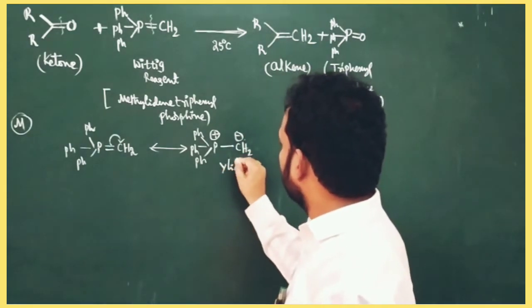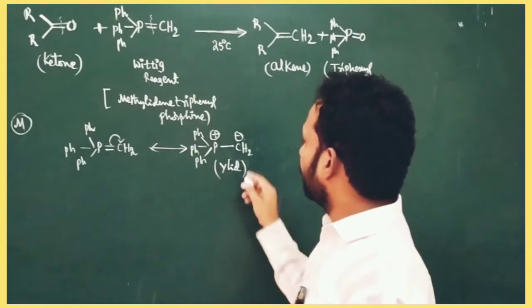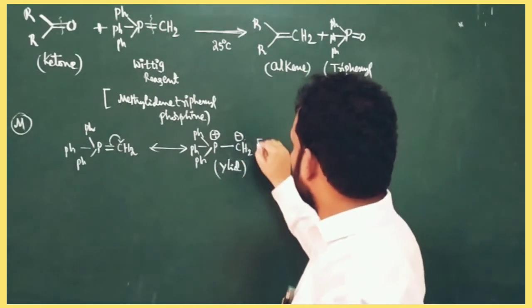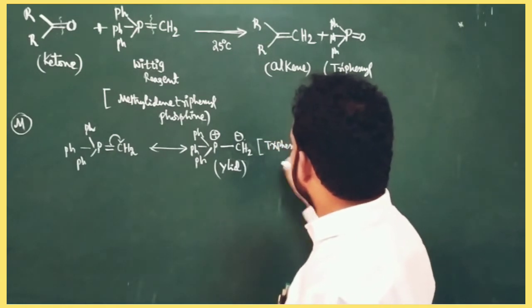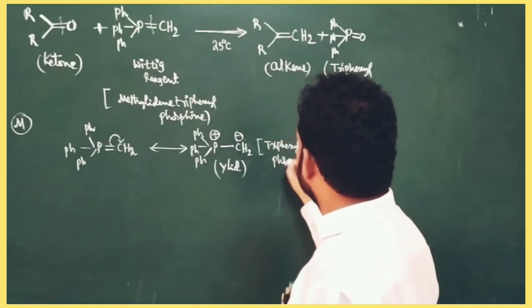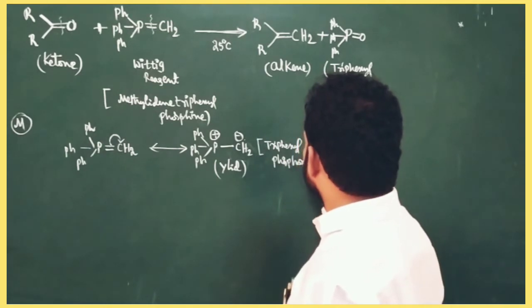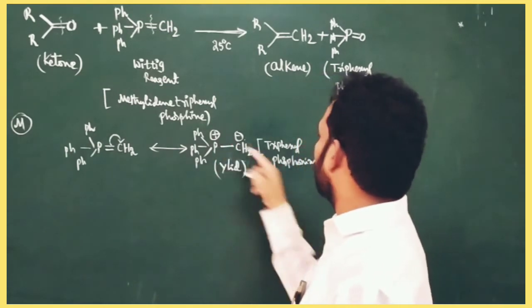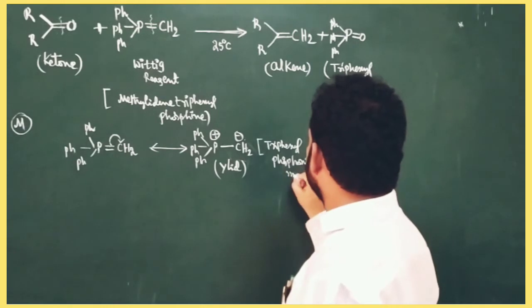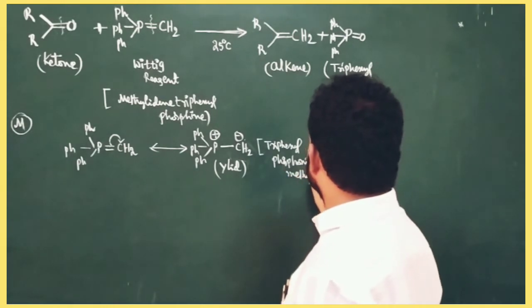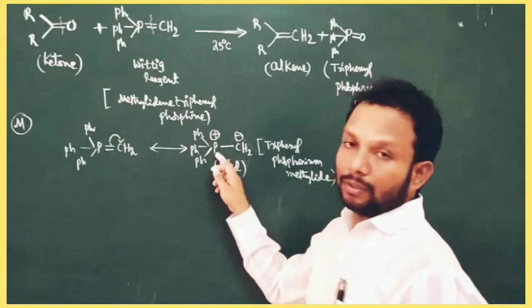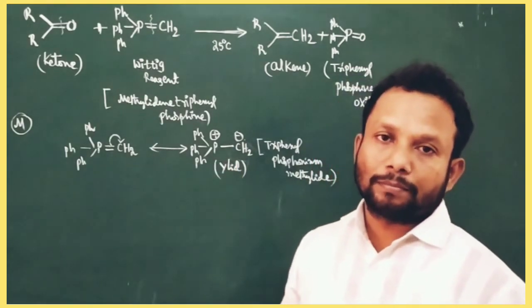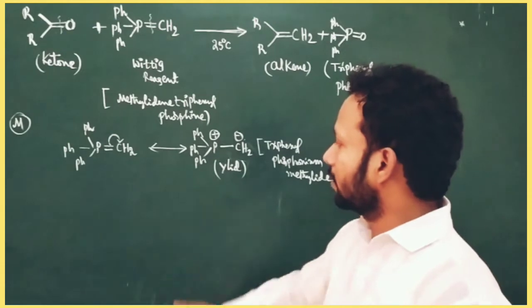This form looks like a zwitterionic form. The name of this form is triphenylphosphonium methylide. Here the negatively charged carbon is a CH2. This is the ylide form of Wittig reagent.